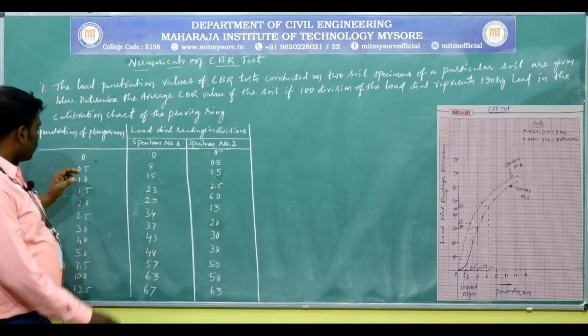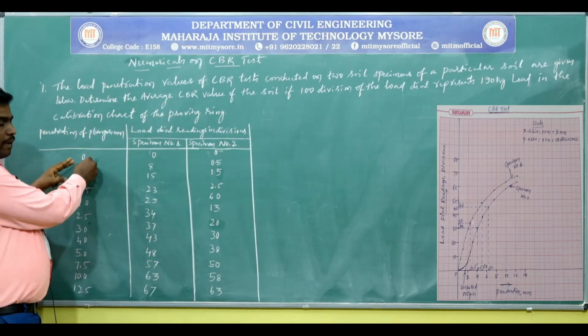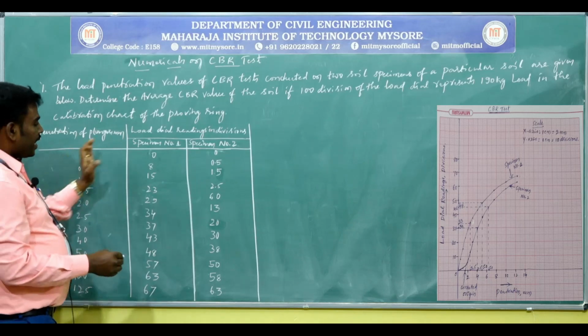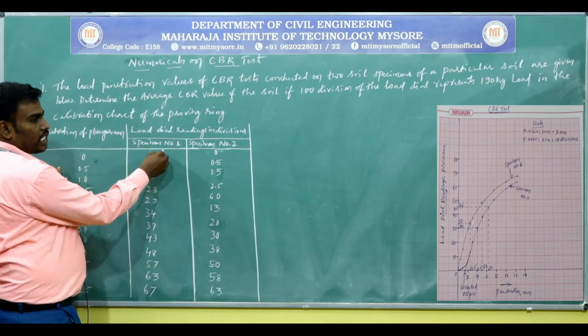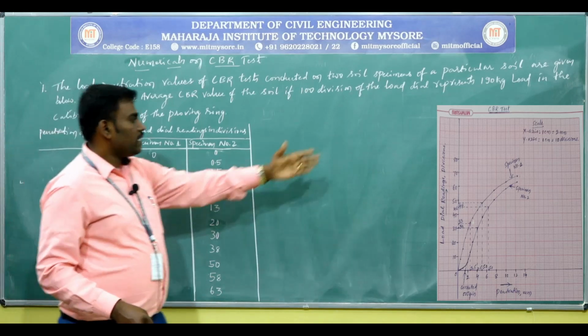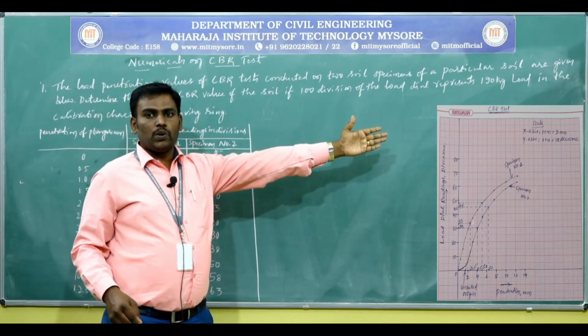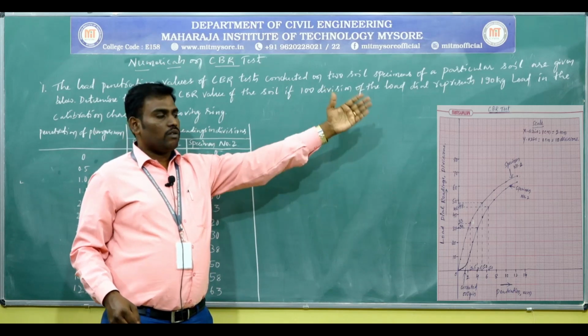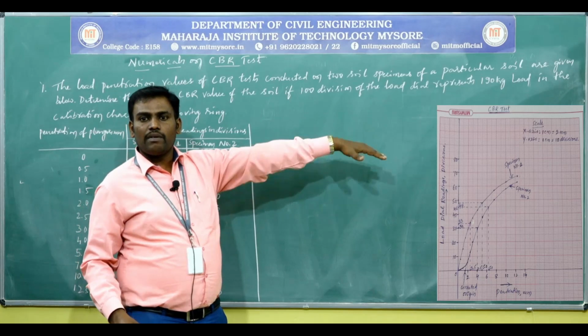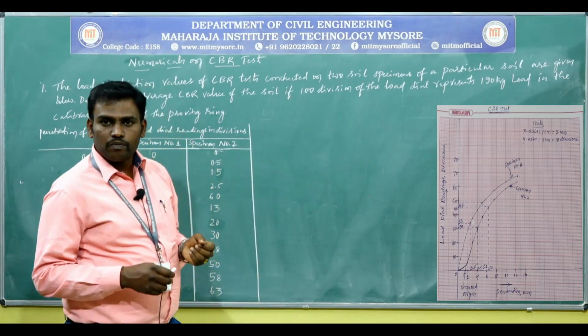Here we have penetration values from 0 to 12.5, and the corresponding load dial readings for specimen number 1 and specimen number 2. You may see that there are two graphs. One curve is for specimen number 1, another curve is for specimen number 2.